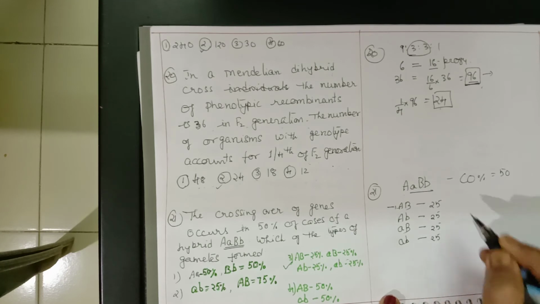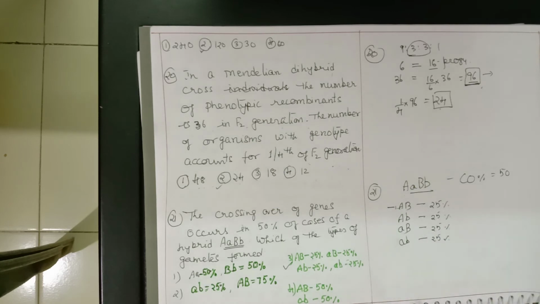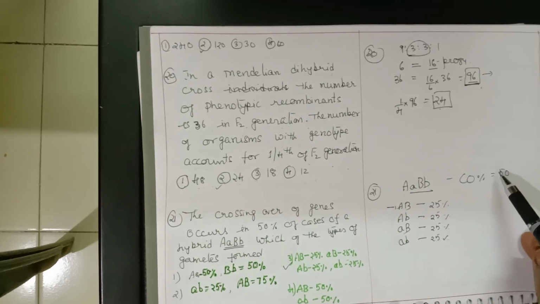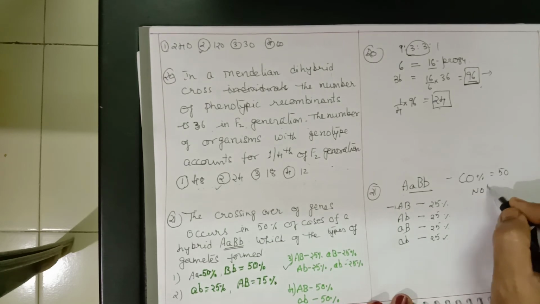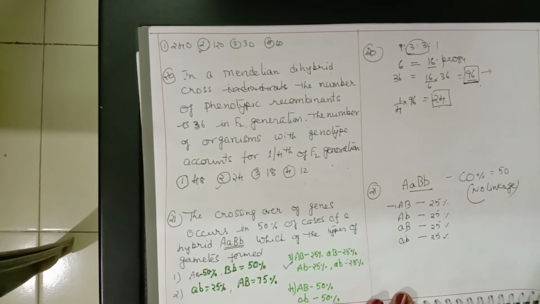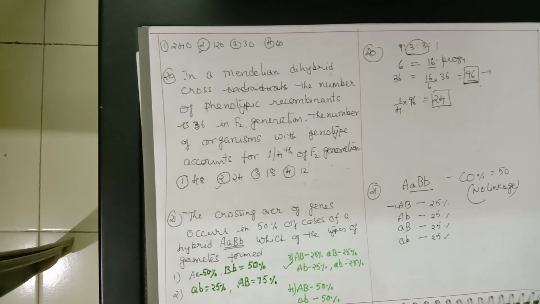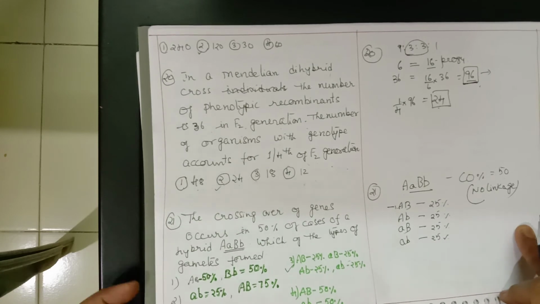All will be 25% each because there is no linkage. Here the very important point you have to remember is if crossing over percentage is 50, that means there is no linkage here. If there is no linkage, all 4 types of gametes will be formed equally.